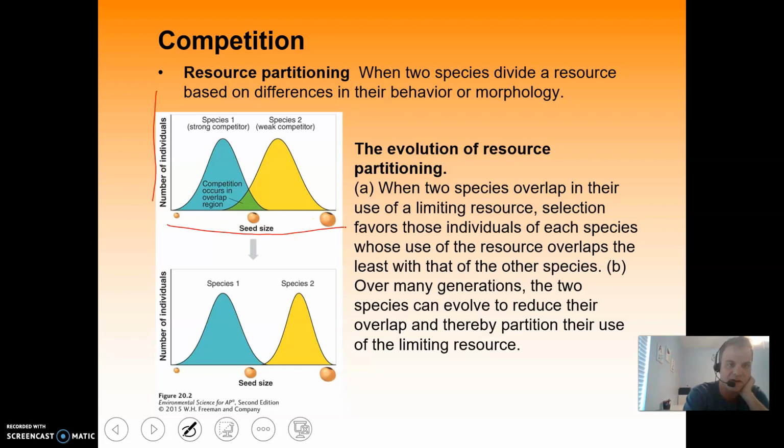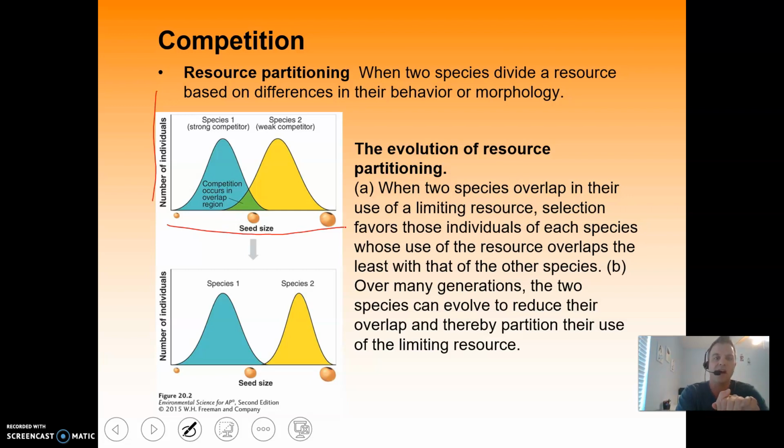So at the beginning, whatever adaptations they have, maybe beak size, classic Darwin's finches, you've got species one eating the smaller seeds and species two eating the larger seeds, but they both eat certain amounts of the medium-sized seeds. What will happen is that since species one somehow is a stronger competitor, not sure why, it could be some kind of adaptation, could be that they survive a little bit better with something that happens there.